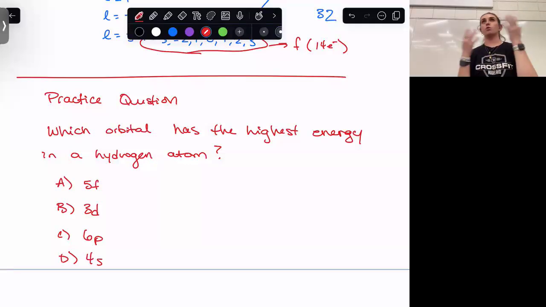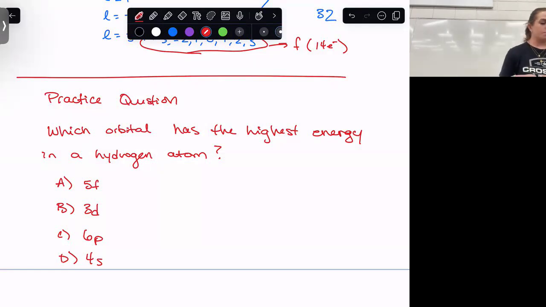So the whole thing that we're learning about here is atom anatomy. In a hydrogen atom, we only have a single electron. As you move away from the nucleus, those energy levels just increase by the number that's in front of them. So the higher the energy level, the higher the energy. So for this question, which orbital has the highest energy in a hydrogen atom? Which one is going to be our answer?